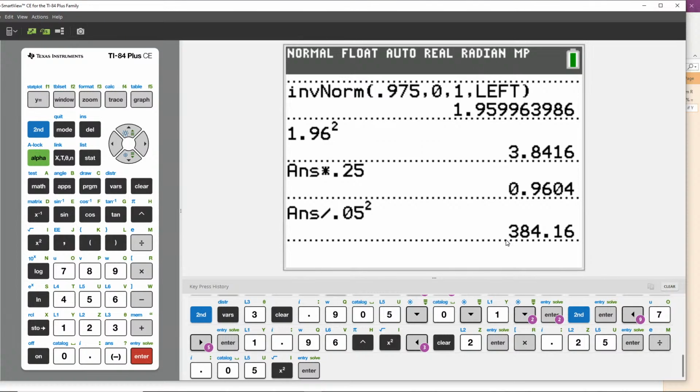All right, so we actually got 384 and some change. And it doesn't matter, we can't have a half of a person or a fraction of a person, so we might as well round it up. Say, hey, we need to survey 385 people.